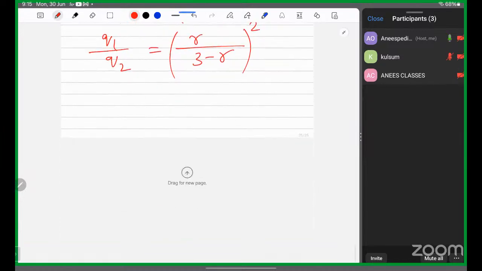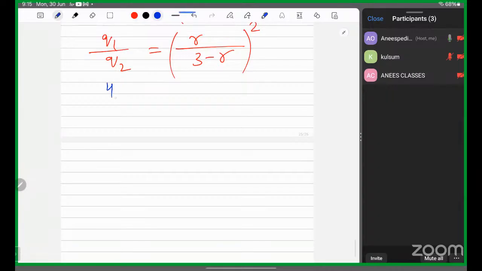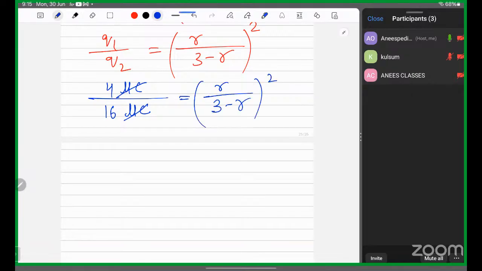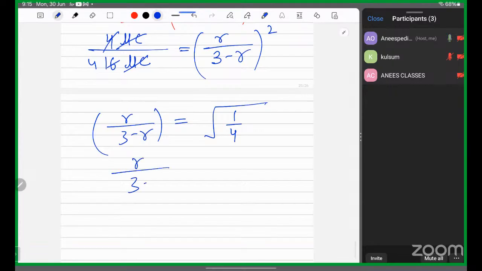What is the value of Q1? It's 4 microcoulomb. What is the value of Q2? 16 microcoulomb. Microcoulomb cancels. So R upon 3 minus R, the whole square, equals 4 by 16, which is 1 by 4. So R upon 3 minus R will be the square root of 1 by 4, which is 1 by 2.